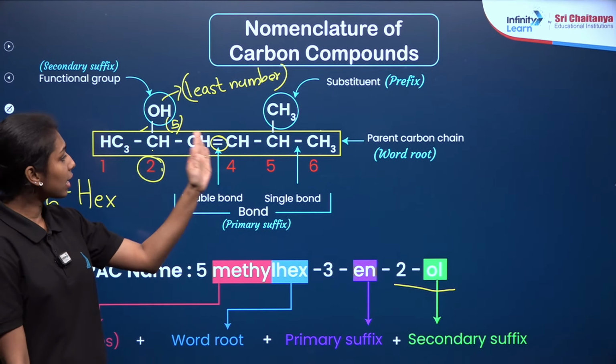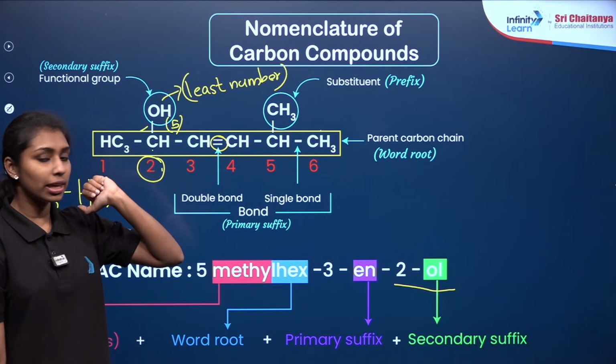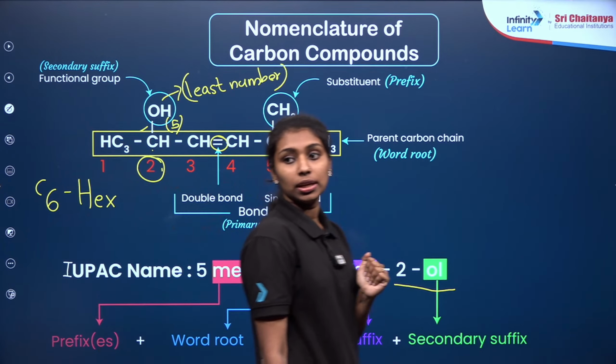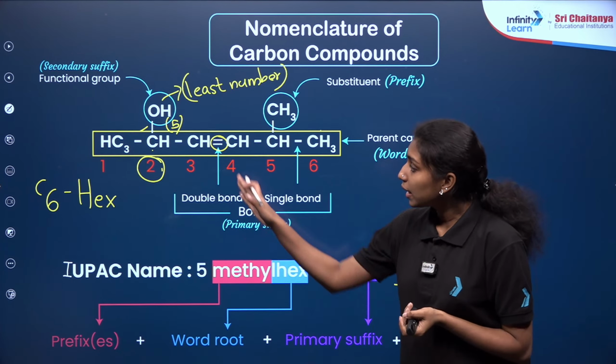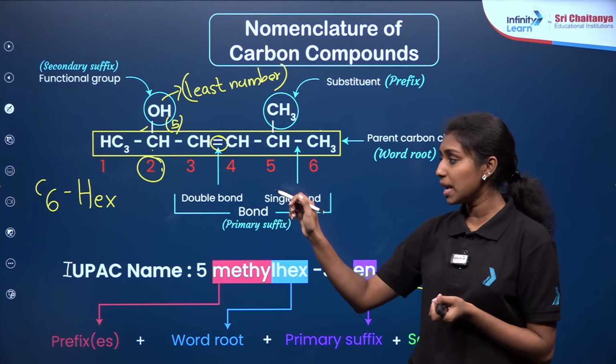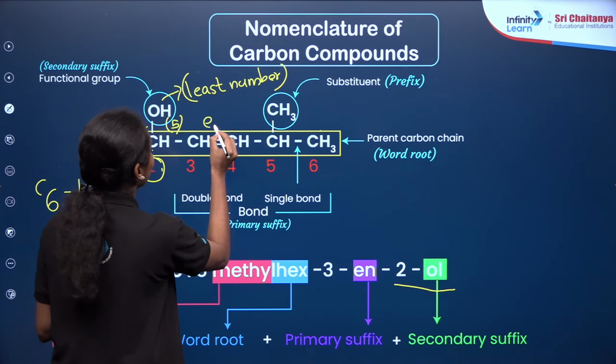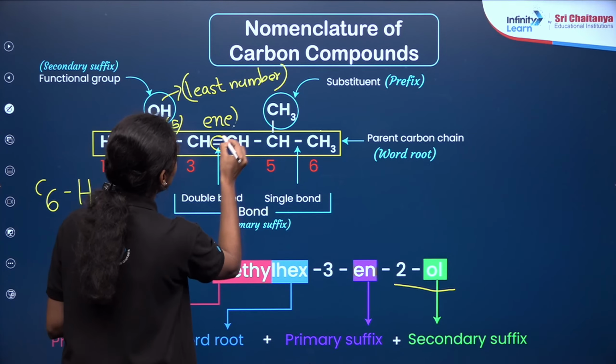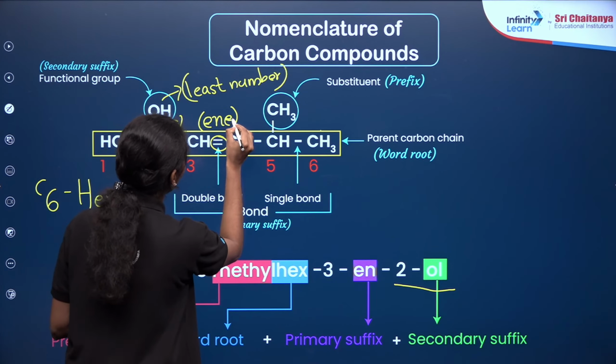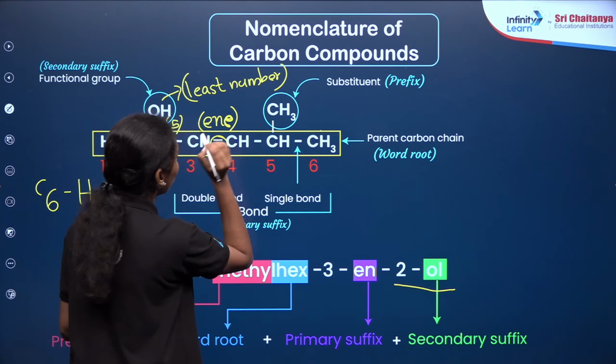Then what else here? We are seeing one double bond here, right? As we already mentioned, if you are having a double bond, the suffix will be ene, right? When you are discussing the detailed table of the priority group, then you will get the idea of which one is more prioritized.